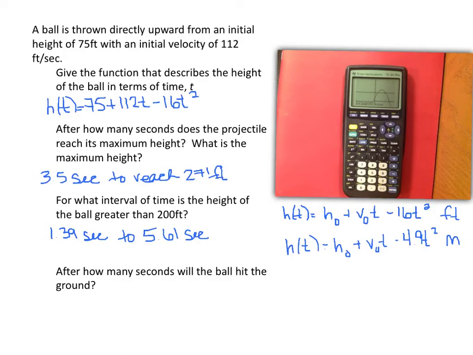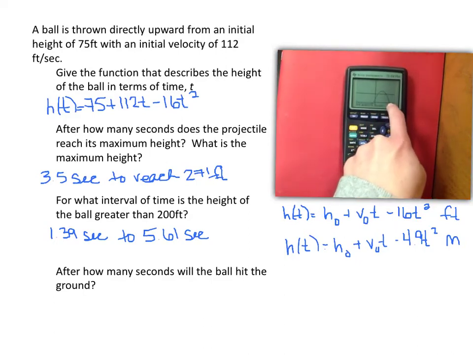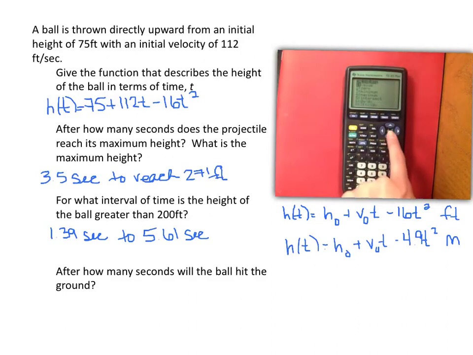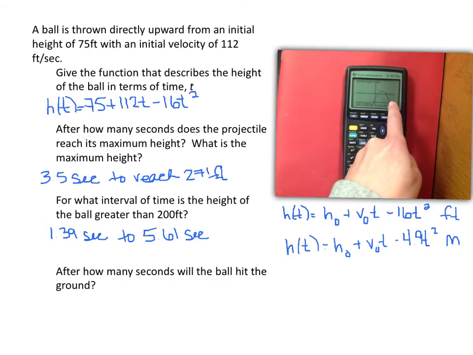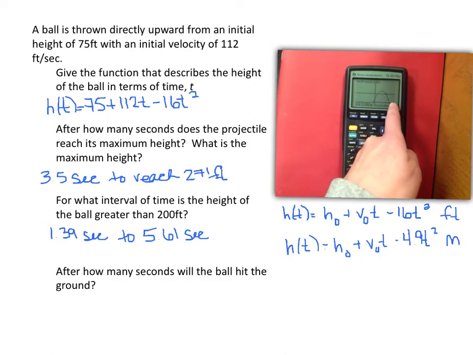And then finally, when will it hit the ground? The nice thing about these graphs is that it touches the x-axis when it hits the ground. This is one of the zeros, one of the roots. So second trace, option for 0. Now it still asks for left and right. So if you think about this, what's going on to the left of it? Well, it's sort of this direction, and then to the right of it, it's down.